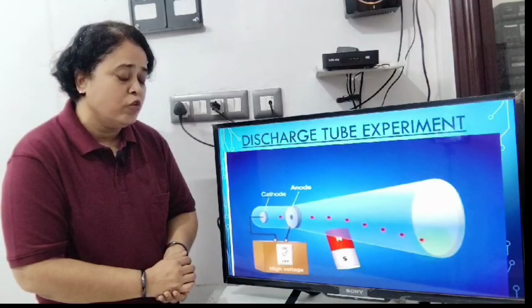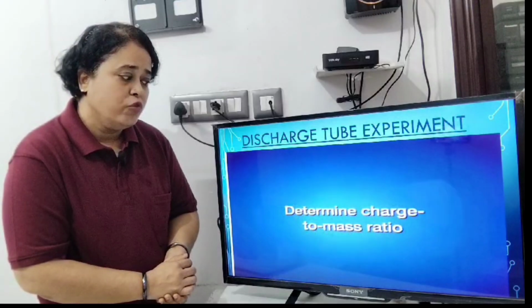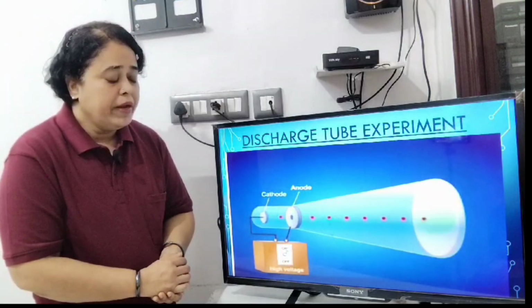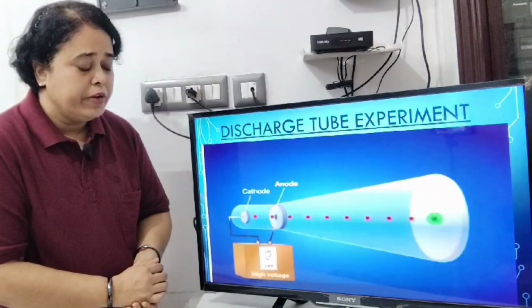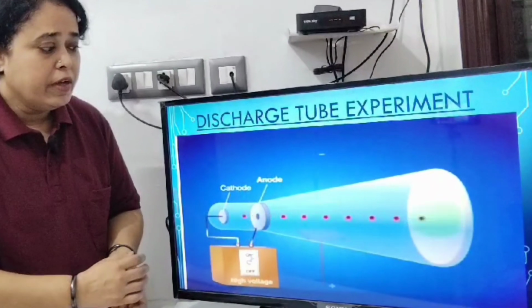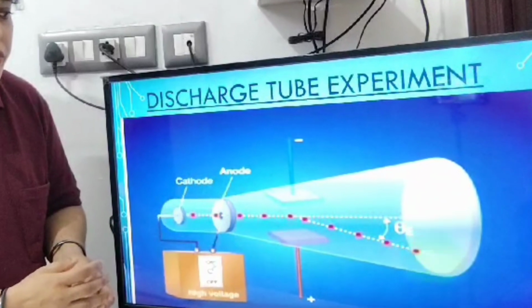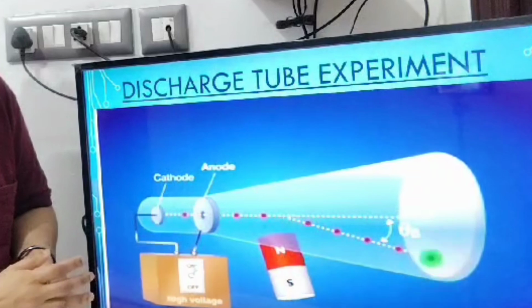In 1897, J.J. Thomson performed one experiment to calculate the charge to mass ratio of the electron. He applied the electric field and magnetic field in such a way that the electric field deflection and magnetic field deflection were the same.